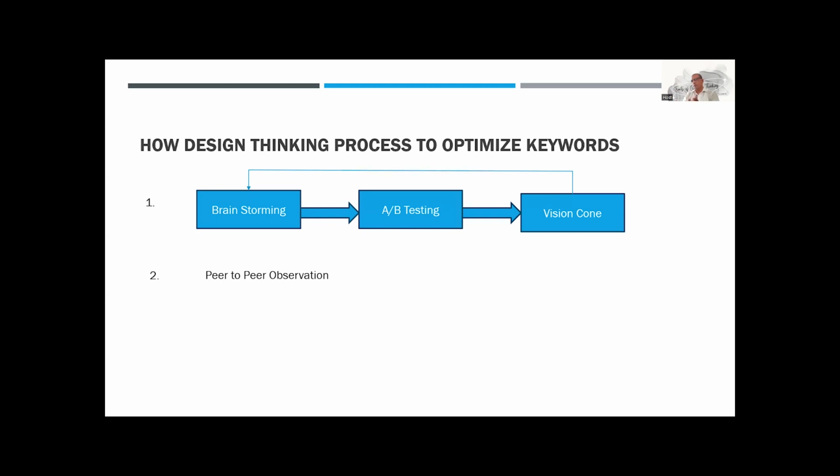Now, vision code. Vision code is something like what we have been doing in the past, what we are doing in the present, and what our goal is in the future, aligned to the organization's goal, vision and mission. So we have to come up with a kind of process not only to sustain or get traffic to our website for the present, but also for the future.